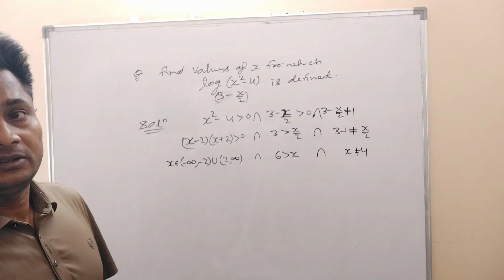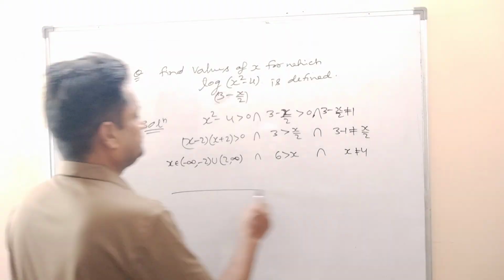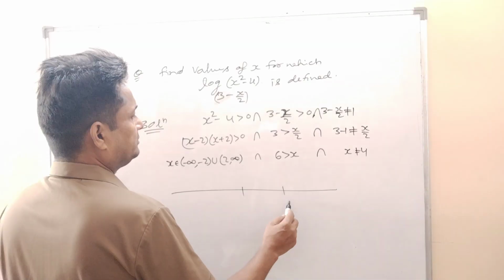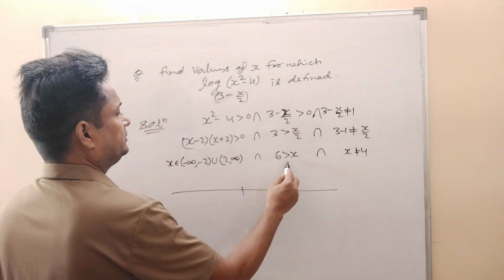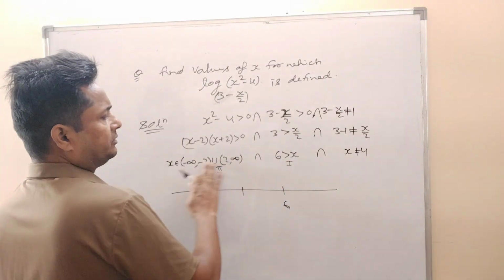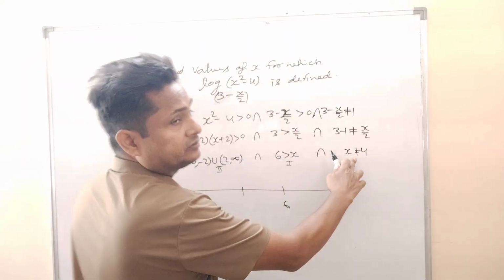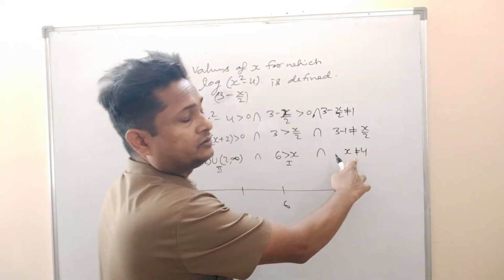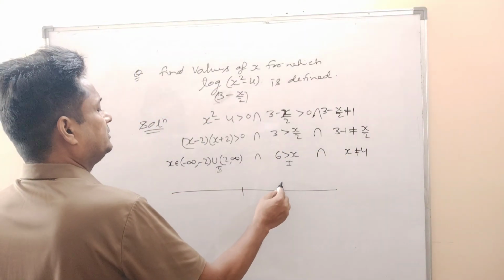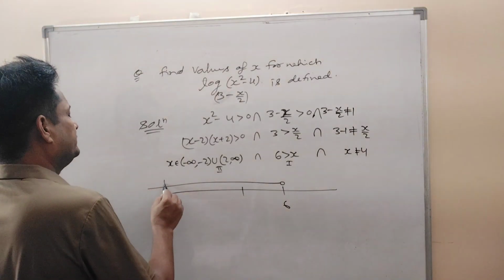Now take the intersection between these values. First of all, take this one. This is 6. This is, let's say, the first one. This is the second one. Find out the answer for this one and remove x equal to 4 from our answer. So this is less than 6. So we are drawing this one, the first one.